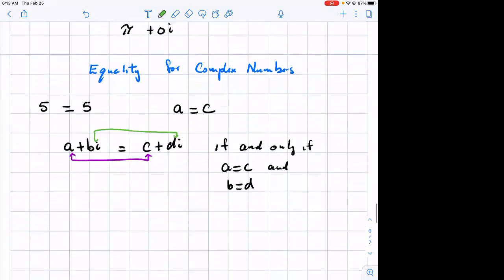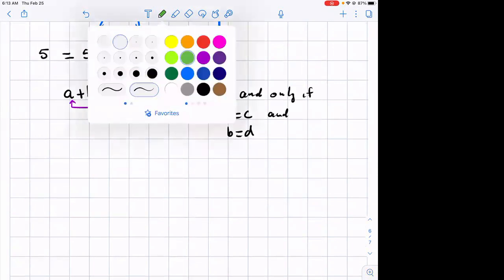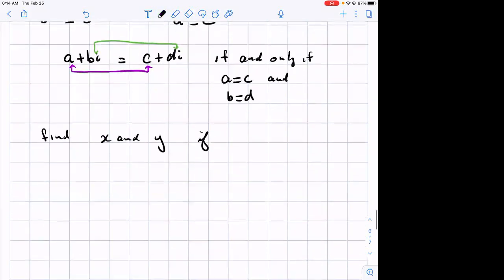So how does this help us? Well, it does if I ask you to find x and y if 3x plus 4i is equal to 12 minus 8yi.